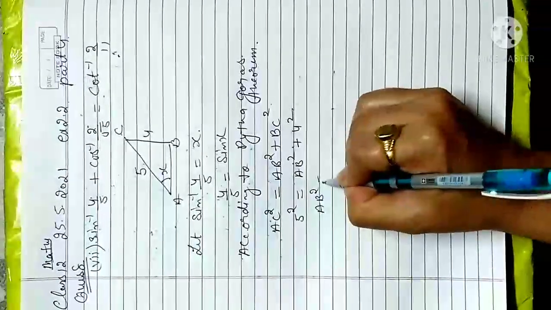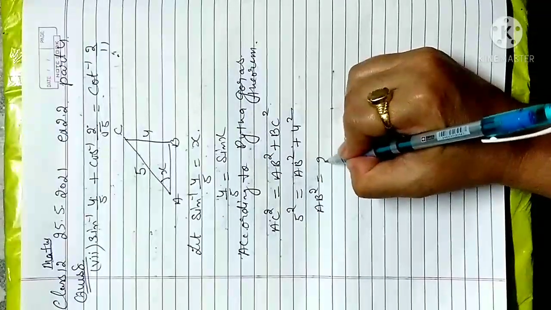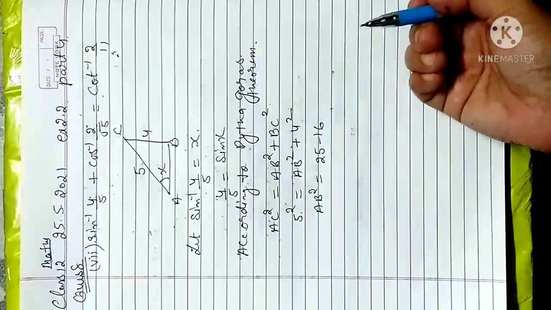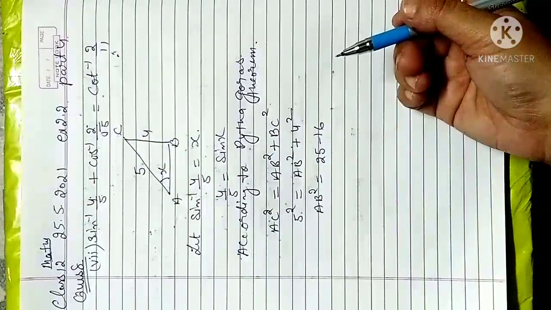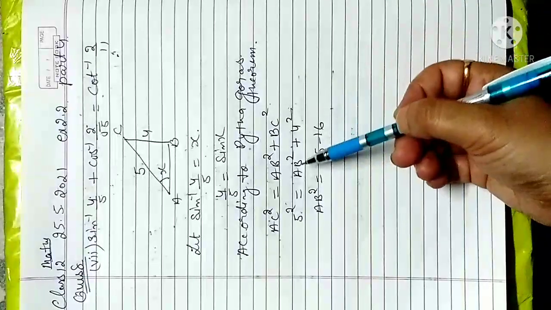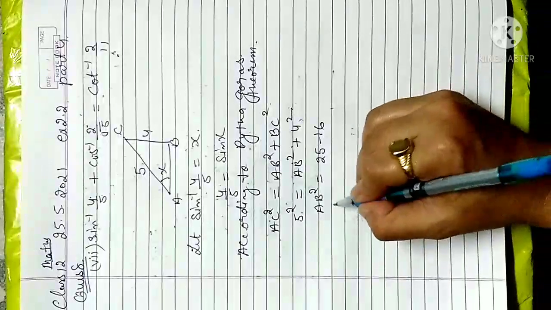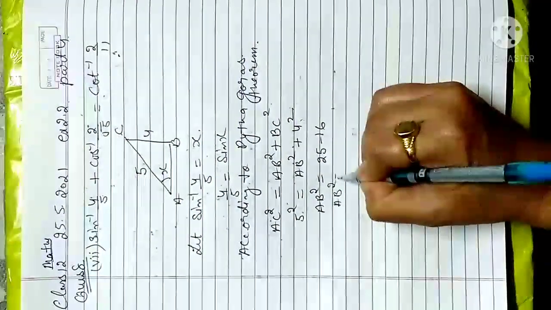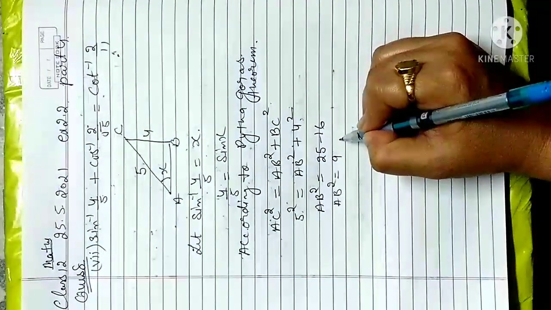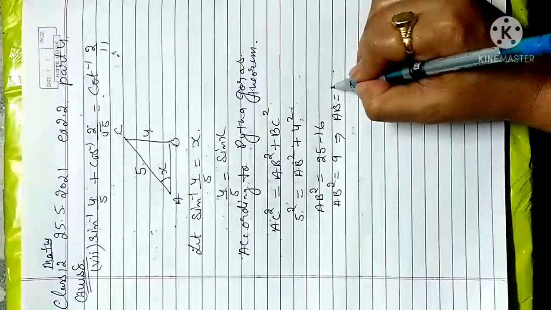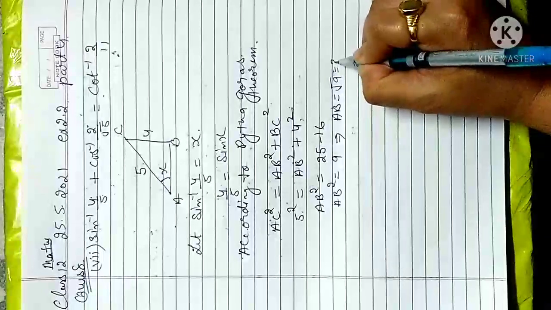So AB square is equal to 5 square is 25 minus 16, 5 square is 25 and 4 square is 16. So I shift this term on this side, so AB square is equal to 9. So if I want to find the AB value, that will be root of 9 is equal to 3.